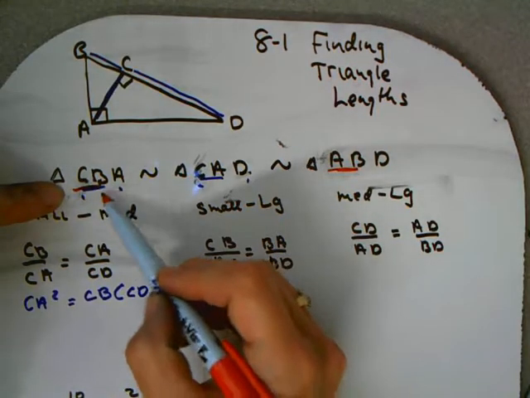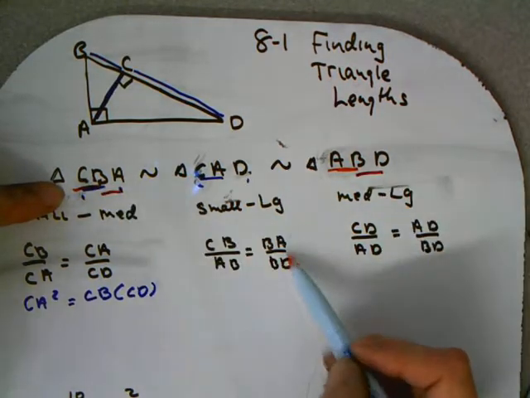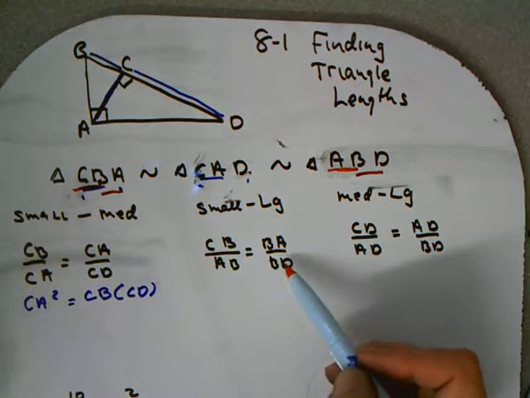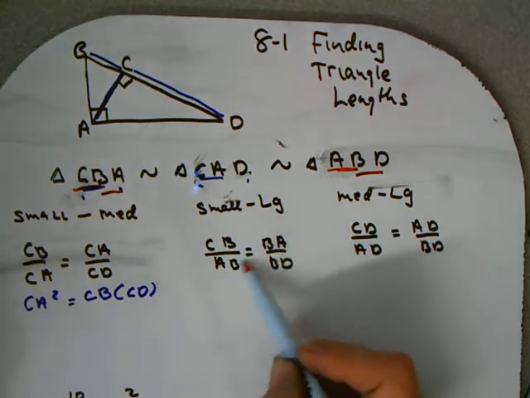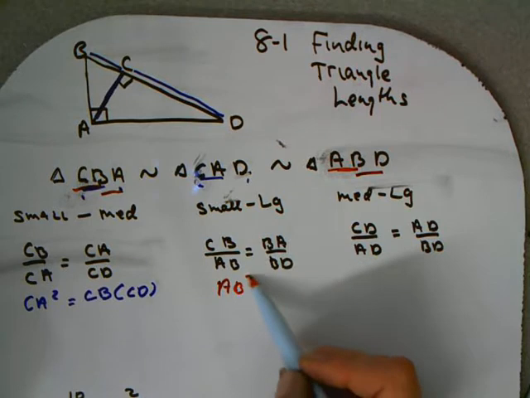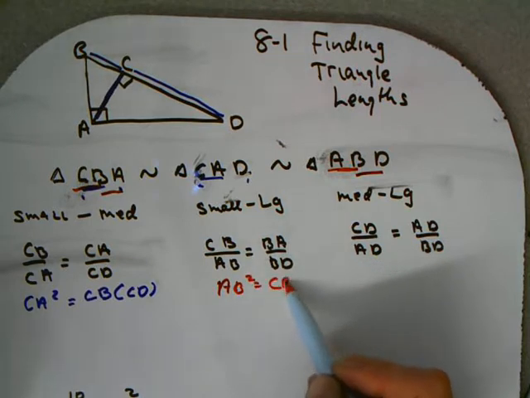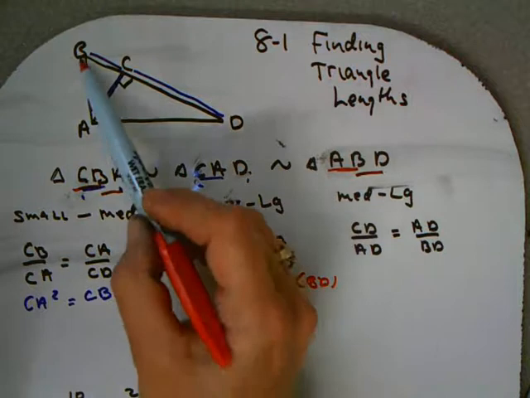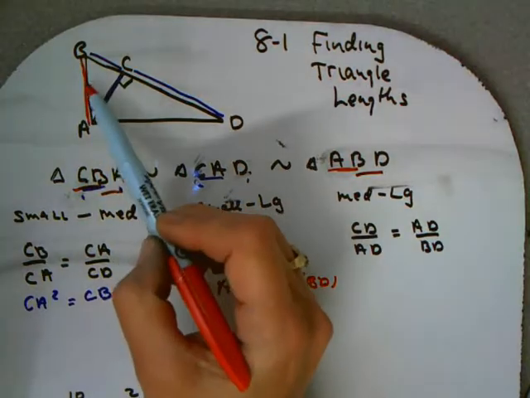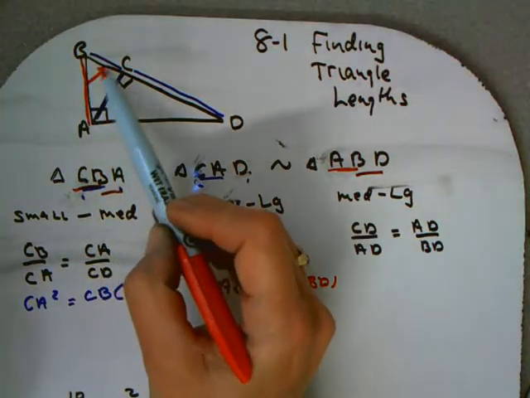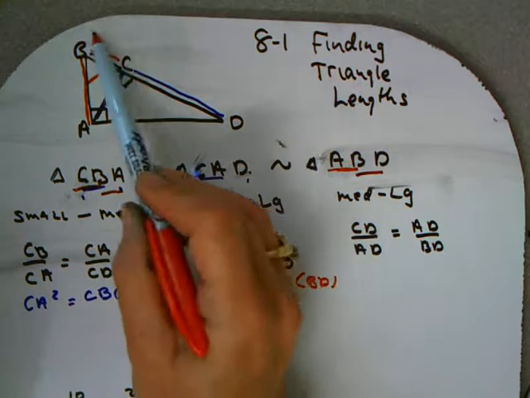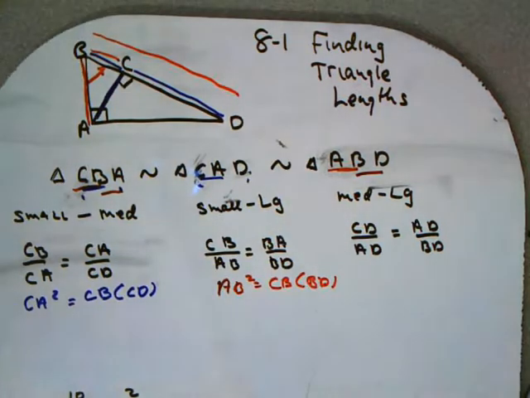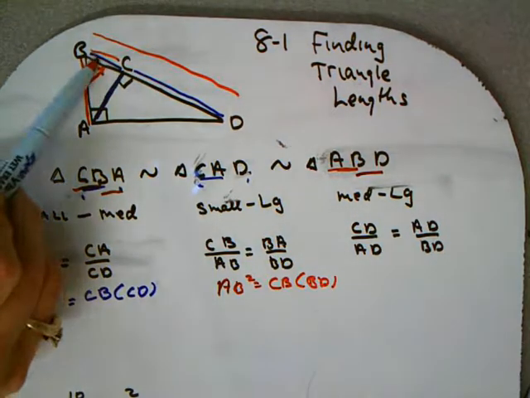That's going to simplify when I multiply, BA and AB have the same length, to AB squared equals CB times BD. Well, that makes this length squared equal to the piece directly across from it times the whole thing. Again, if I know these two pieces, I can find this one now.